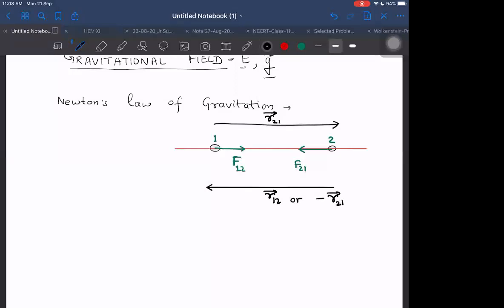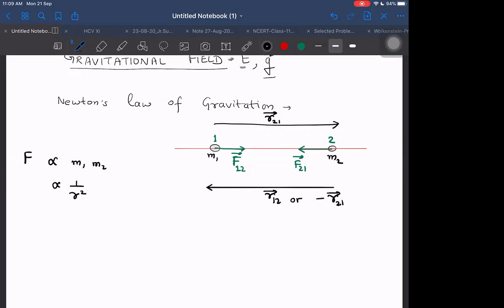Now, Newton's law states that this force, magnitude wise, if I'm not representing 2, 1, etc., and just representing by F only, is proportional to the product of the masses, and inversely proportional to the square of the distance between them.